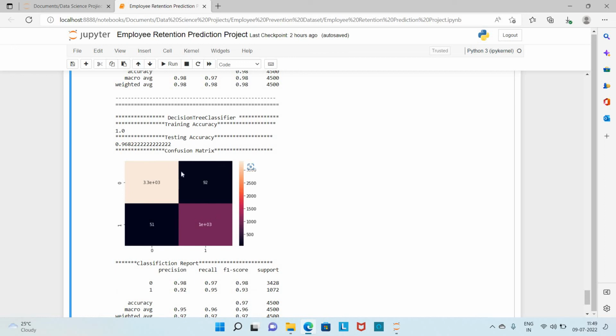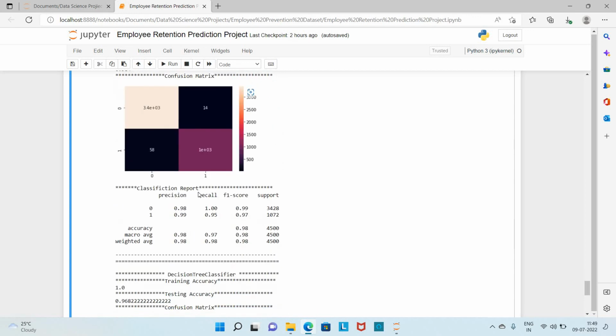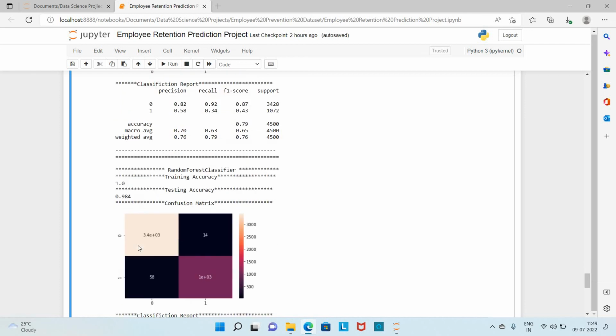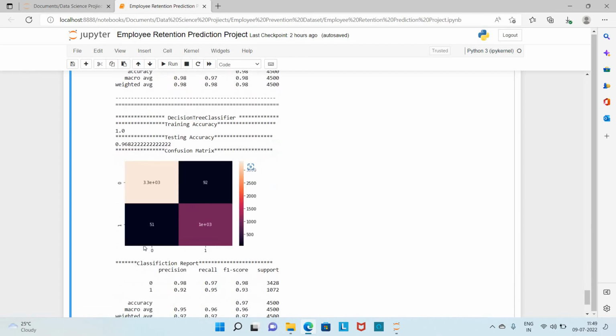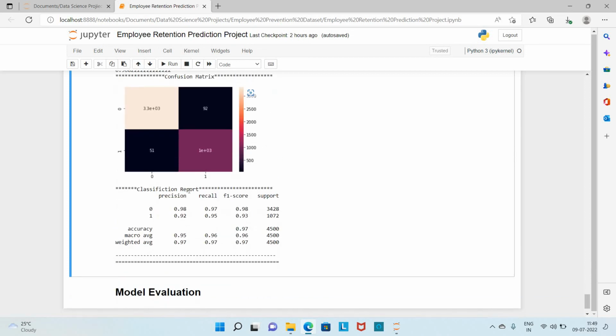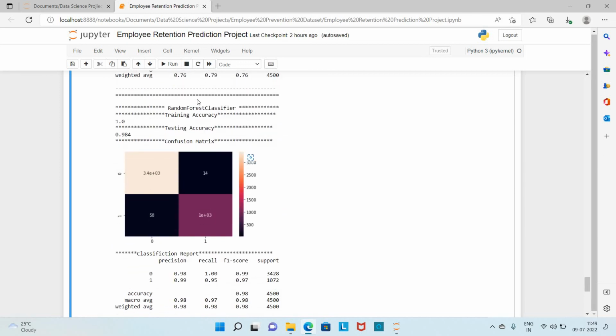These two, the random forest classifier and the decision tree, have nearly equal accuracy. Coming to the classification report, it has the highest precision for both classes, leaving and not leaving. So we can decide to go with the random forest classifier for deployment.